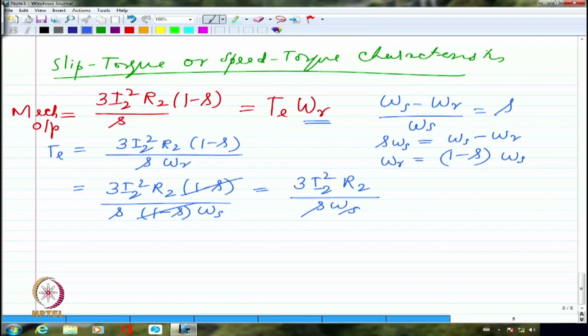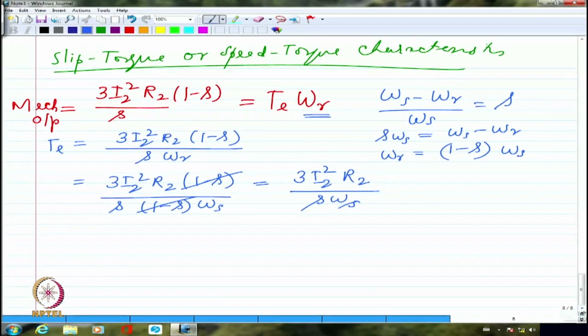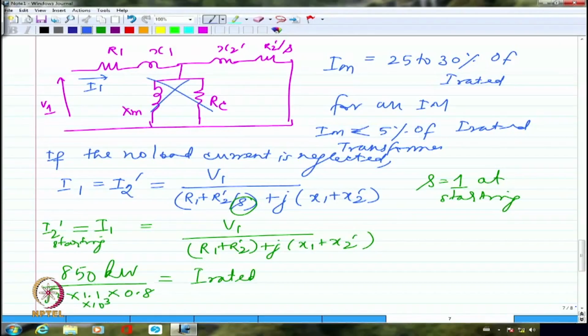Now we just neglected the parallel component of current or the no load current. Let me do the same thing. What we wrote as I2, we wrote it here, right? This is what was our I2. In starting we neglected S equal to 1, so we just removed that. Otherwise I have to include that as well. So this is my current.